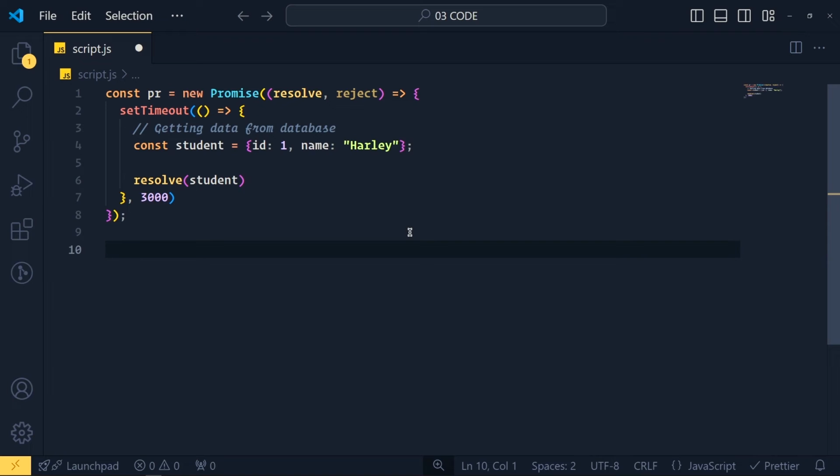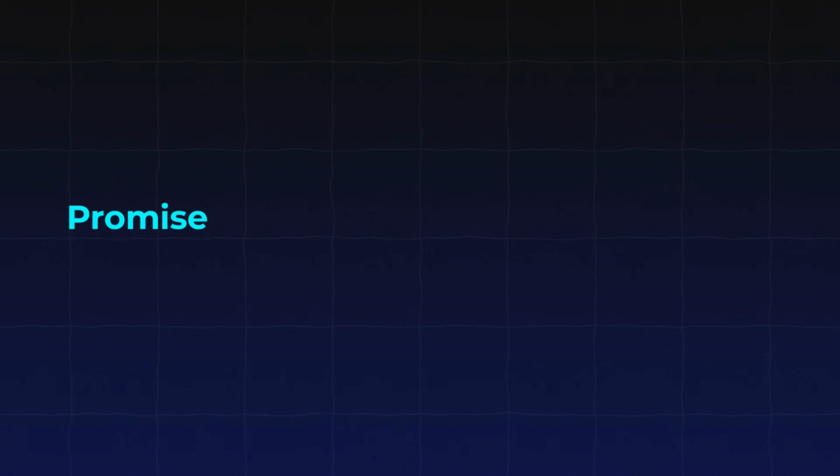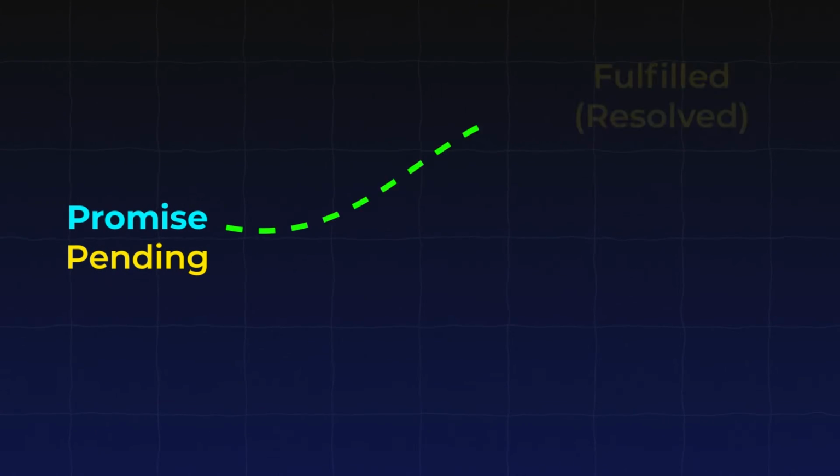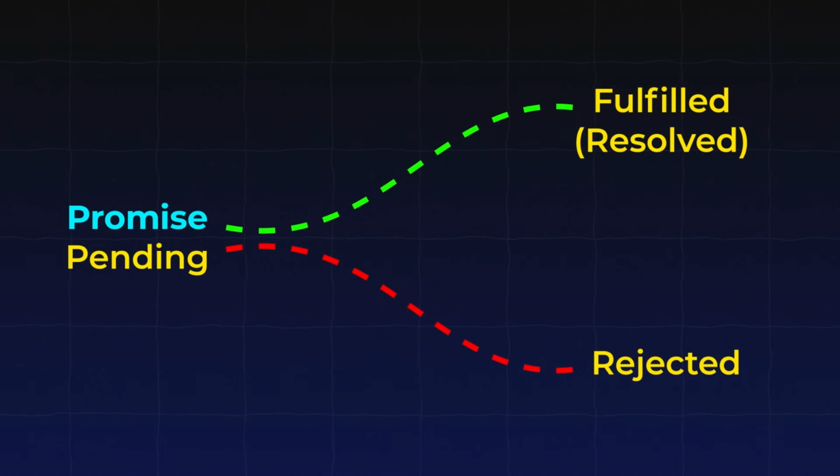Now let's see how we can consume this promise. So we write pr, which is this variable, dot, and here we have two main methods, then and catch. Now when we create a promise, it is by default in pending state, and if we complete the asynchronous task, then the promise is in fulfilled state, and if there is an error, then the promise is in rejected state.